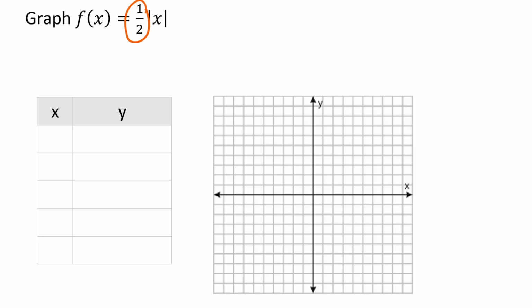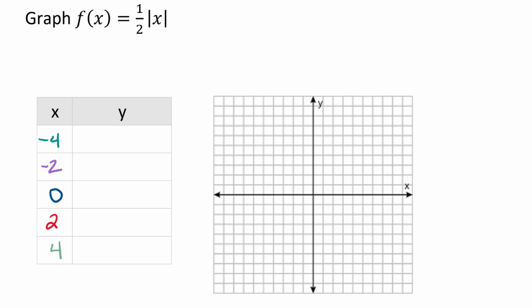You can, it's not wrong, but I would much rather choose numbers that are divisible by 2, since that's my denominator. It's just to make life a whole lot easier for my x values. So just like in our previous example, I'm going to go by 2's. So I'm going to have negative 4, negative 2, 0, 2, and positive 4.